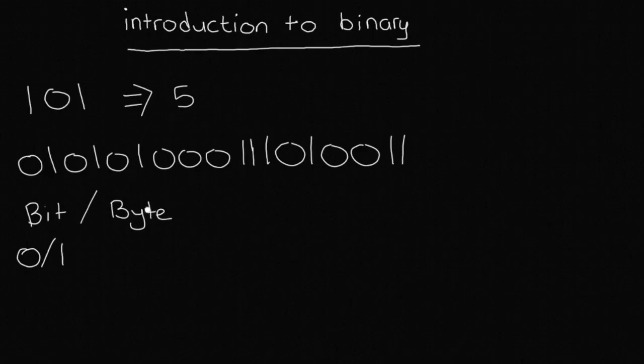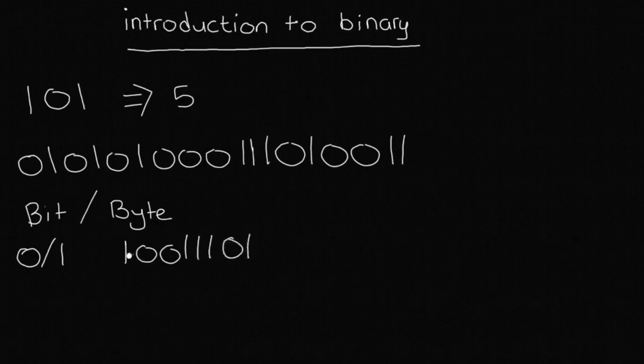A byte is the same as a bit in the fact that it can only contain ones and zeros, but instead of just having one value like a bit, it can have multiple values. So it could have like 1 0 0 1 1 1 0 1.